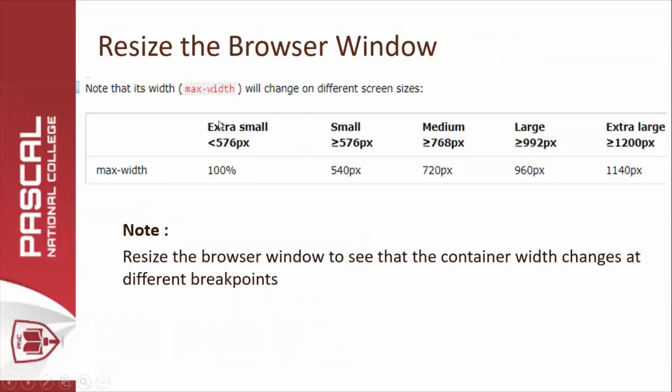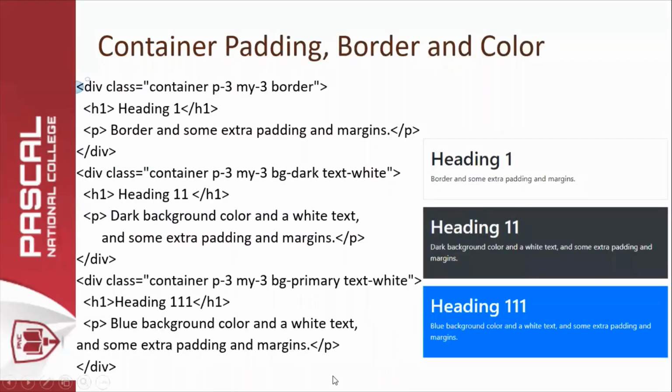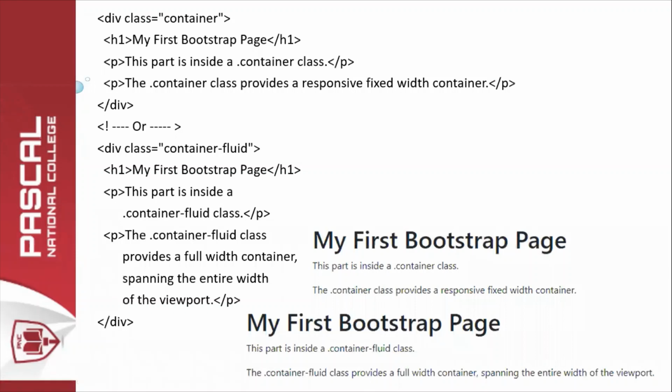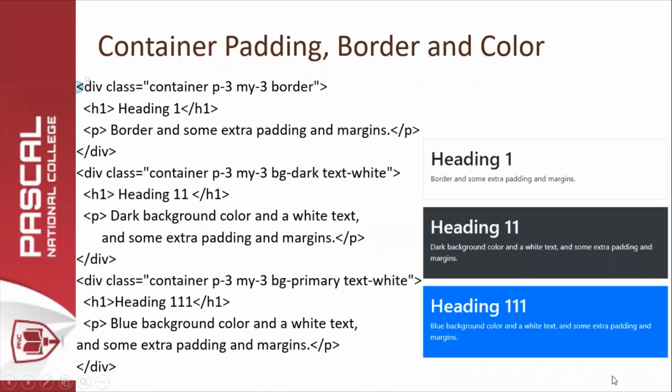So next one, see, try resizing your browser window. Once you include this in your HTML page, while loading the page, just resize your browser so that your contents will fit in your screen.